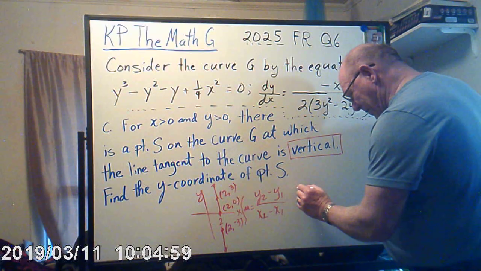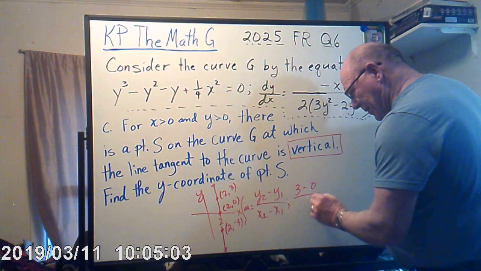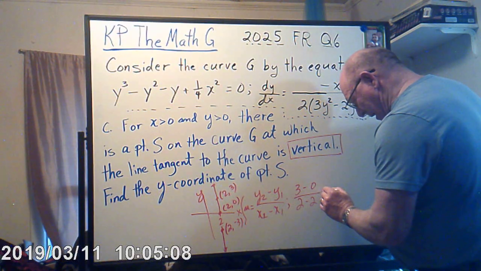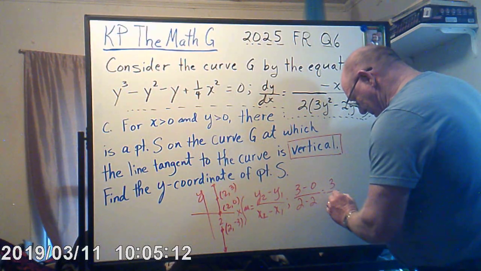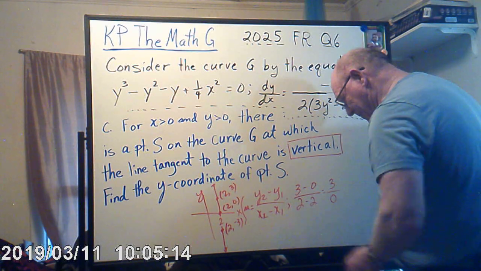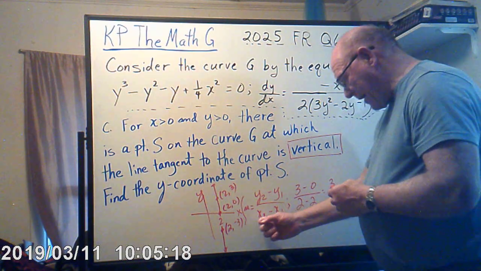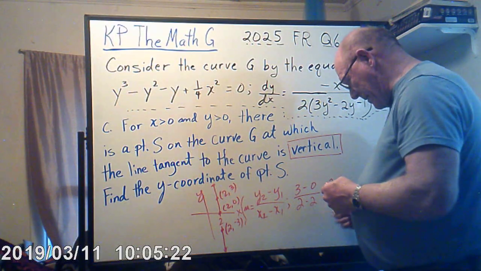So what we have here is 3 minus 0 over 2 minus 2. And notice that every time, it doesn't matter what this number is really, this number down here is 0, isn't it? So x2 minus x1 is equal to 0.